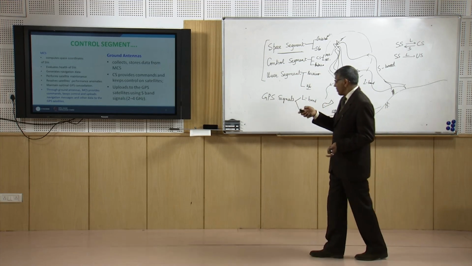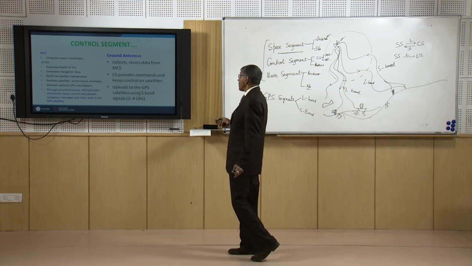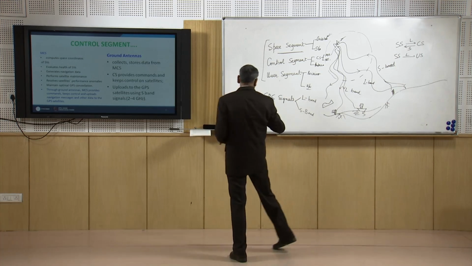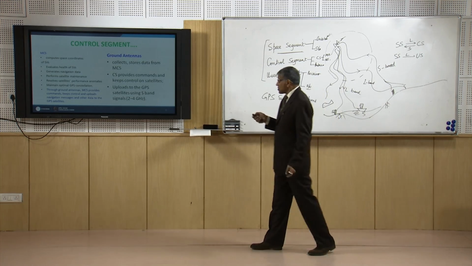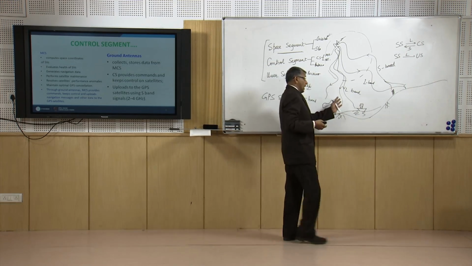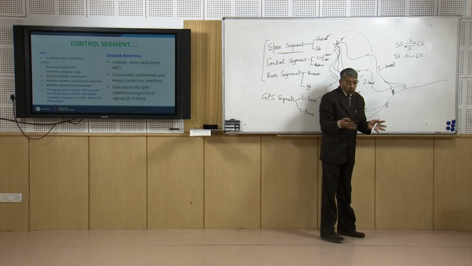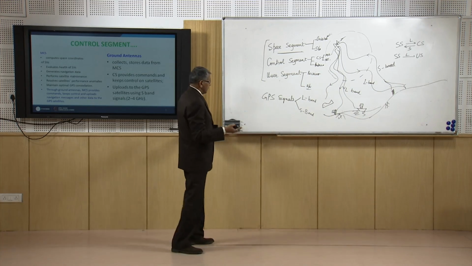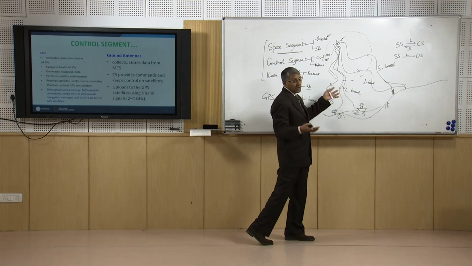So ground antenna actually uploads the data to the satellite vehicles. In that way the control segment works, but that is in the background; we need to know it, but we don't have much business with the control segment as a user.